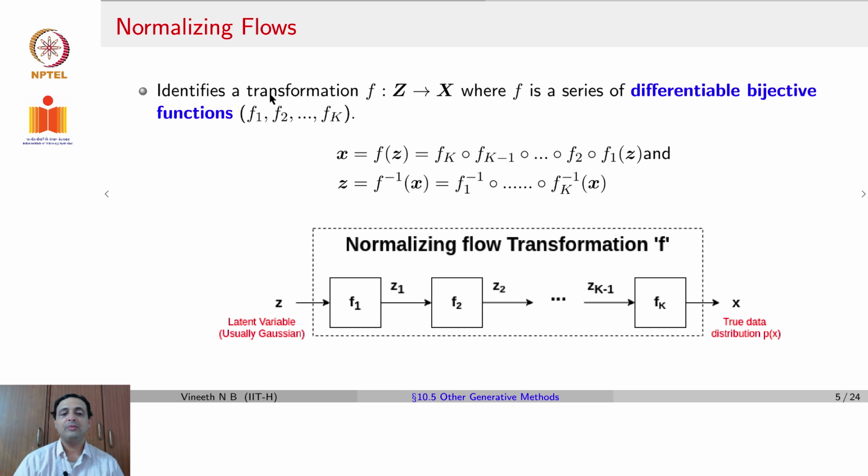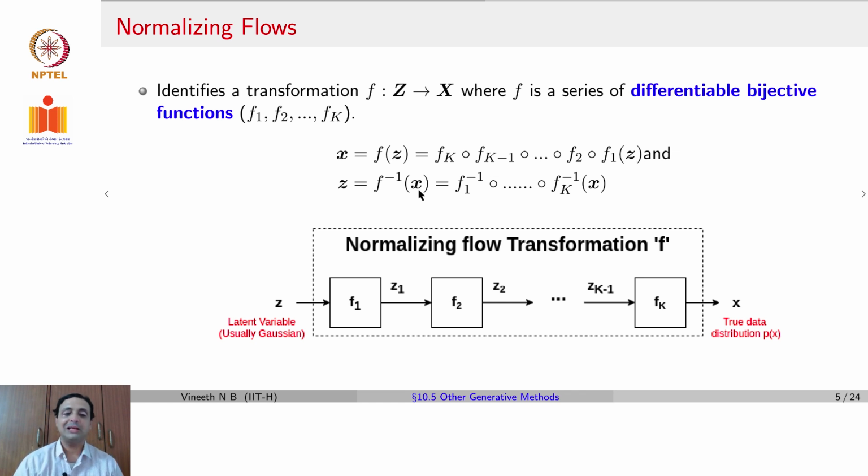So here we identify a transformation f that goes from z to x, where the transformation f is a series of differentiable bijective functions f1 to fk in such a way that x can be written as f of z, which in turn can be written as f_k composed with f_{k-1}, and so on and so forth until f1 of z.